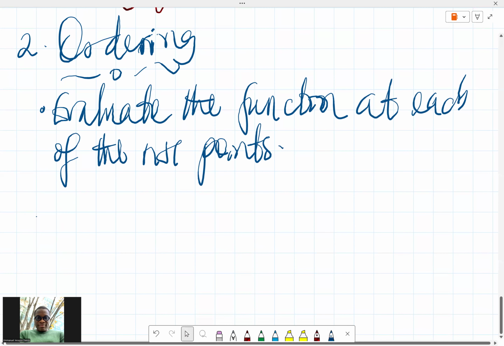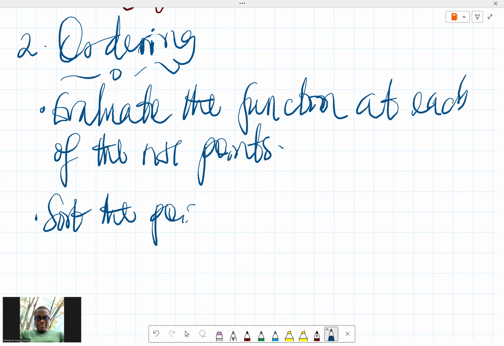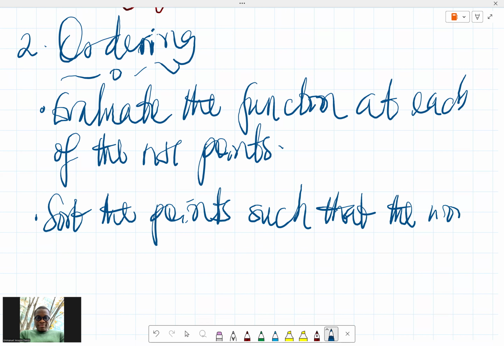Then we sort the points such that the worst point, which is the highest function value, is at the last position.